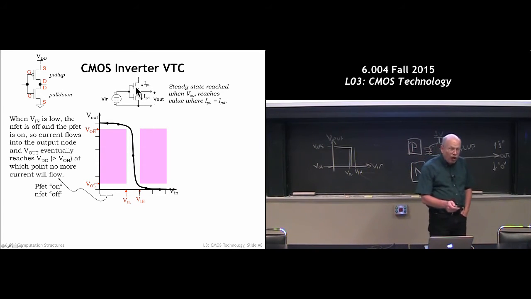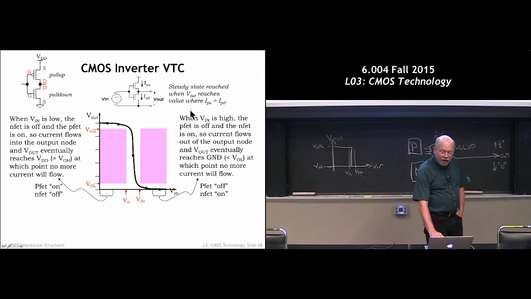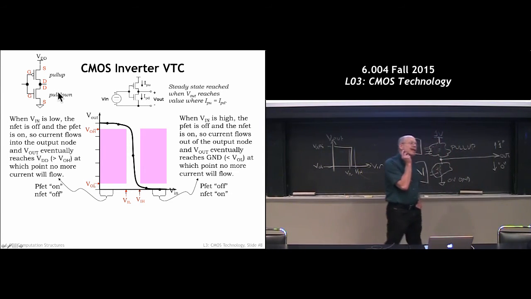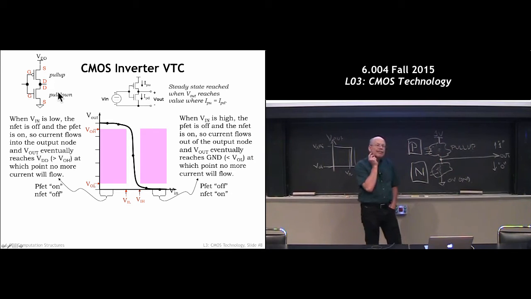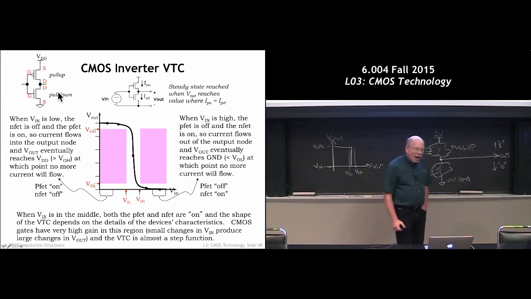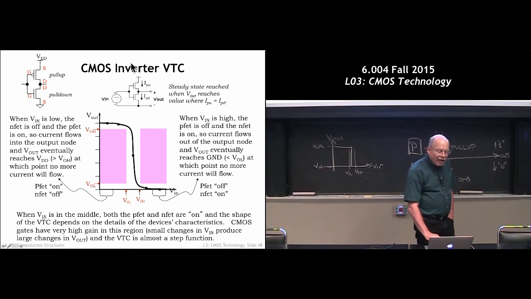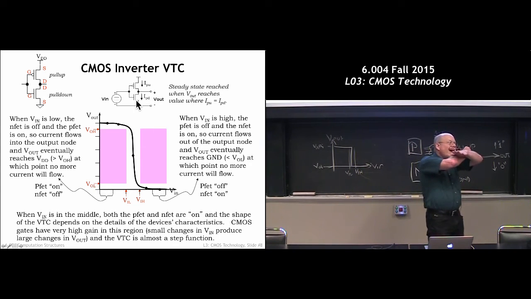And the same argument holds for the N-FET when the voltage is high. In that case, the P-FET is off and the N-FET is on, and the output is pulled down. And in the middle, it's actually fun to spend a while figuring this out, they're both on, and that happens briefly in each transition.